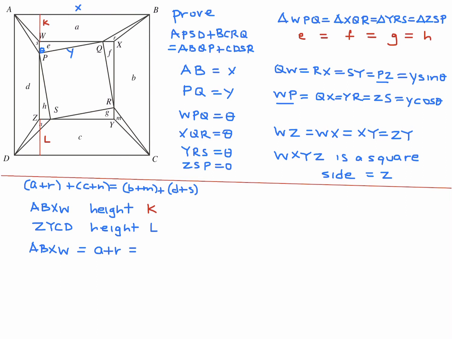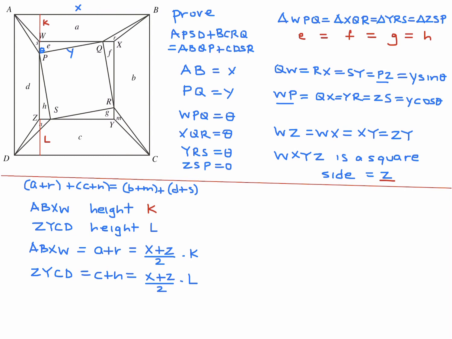So that's going to be x plus z, remember, we had called that side length z from there to there, divided by 2 and then times the height, which we have called k. And then very similarly for ZYCD, that is going to be n plus c. And if we use the same formula, it's going to be x plus z over 2 times L this time, because that's the height.